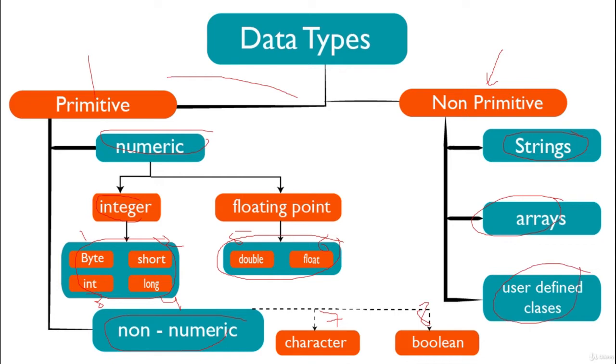These are more complex than the primitives. Strings consist of phrases, sentences, like the user text. Arrays, we'll see in a lesson what arrays are. And user-defined classes, we will also learn about classes in Java and Android.